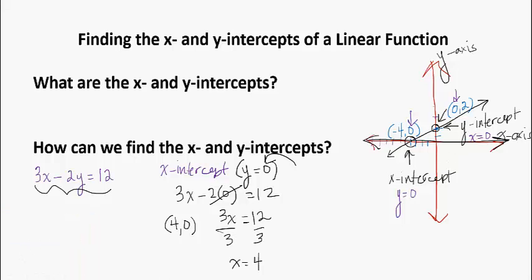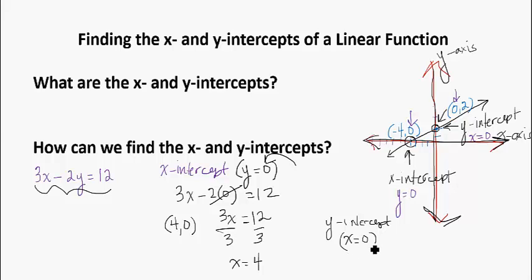Okay, so then if I were to find my y-intercept, looking back at my graph, any point that's on the y-axis, no matter where my graph crosses the y-axis, x is always going to be equal to 0.